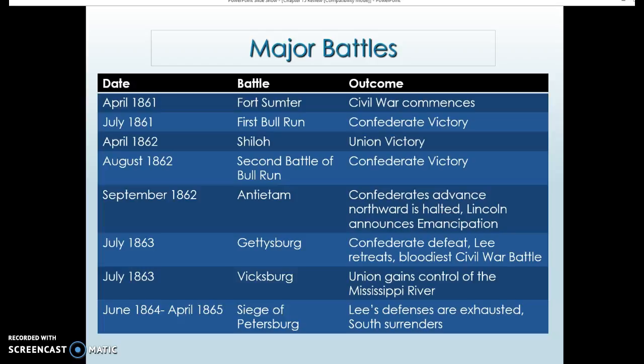July of 1863, with the Battle of Gettysburg, the bloodiest Civil War battle. It is a Confederate defeat, and Lee is going to retreat at this battle. The next one that we have is at Vicksburg. The Union is going to gain control of the Mississippi River. It's about a 150-mile stretch that they're going to gain control of, and this is going to be so important to the North because they have essentially cut off the supply chain to the South.